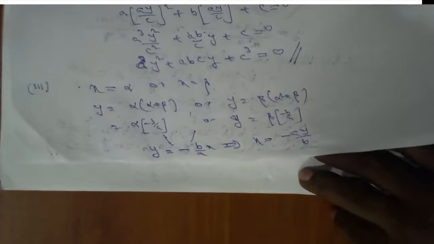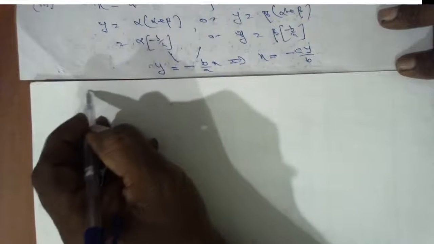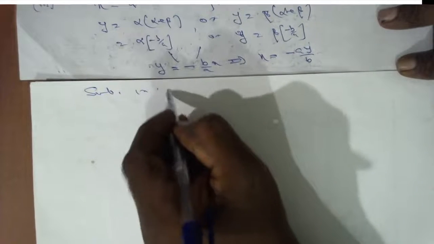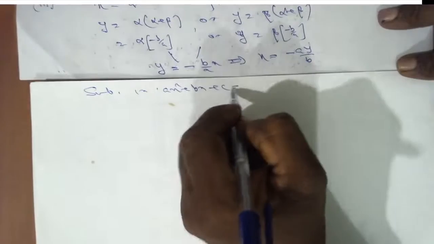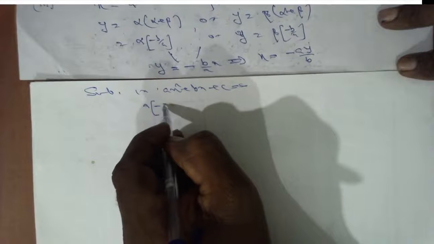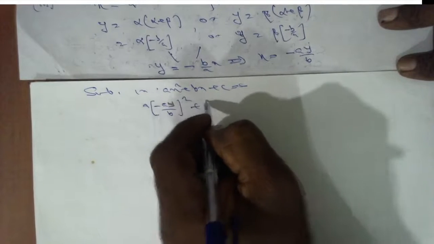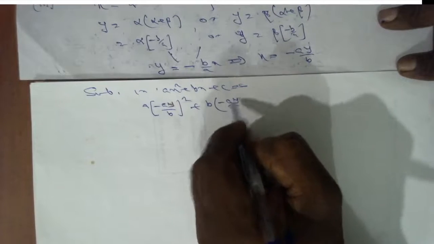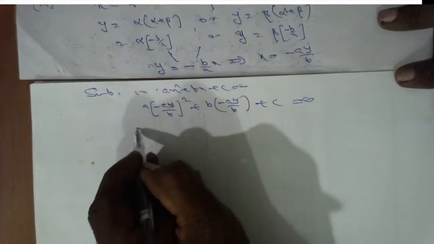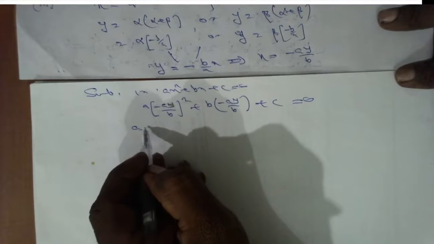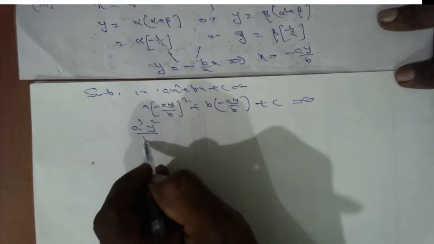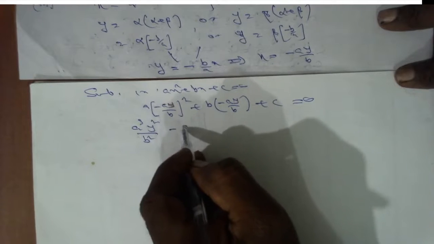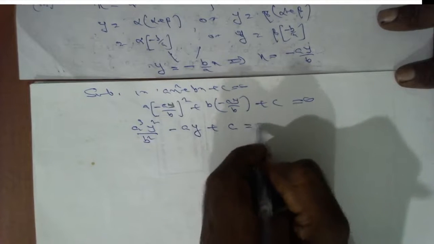Now by substituting in ax squared plus bx plus c equals 0, you have a times ay over b whole squared plus b times minus ay over b plus c equals 0. a cubed y squared over b squared minus ay plus c equals 0.